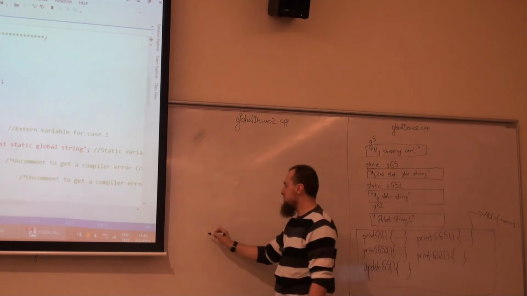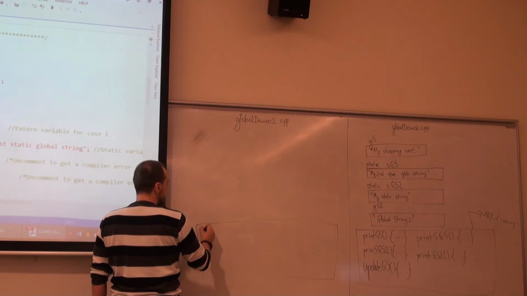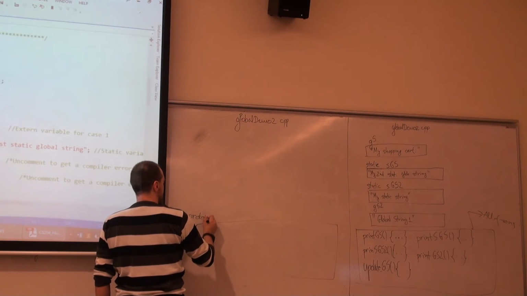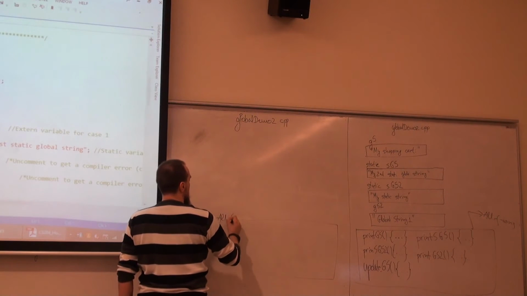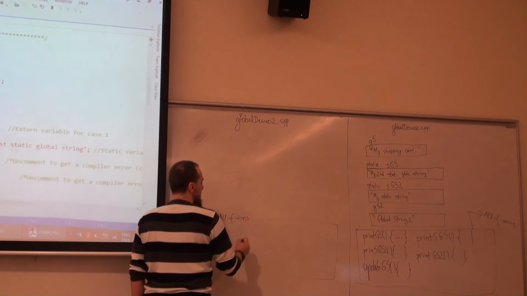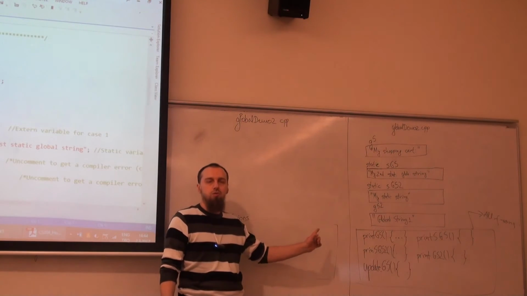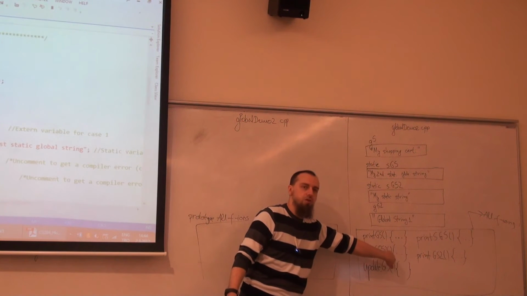I have all of the functions here, but as prototype. Prototype all functions. Meaning that when I'm using printString, globalString, updateGlobalString, and so on, I'm using the definition as it is given here.